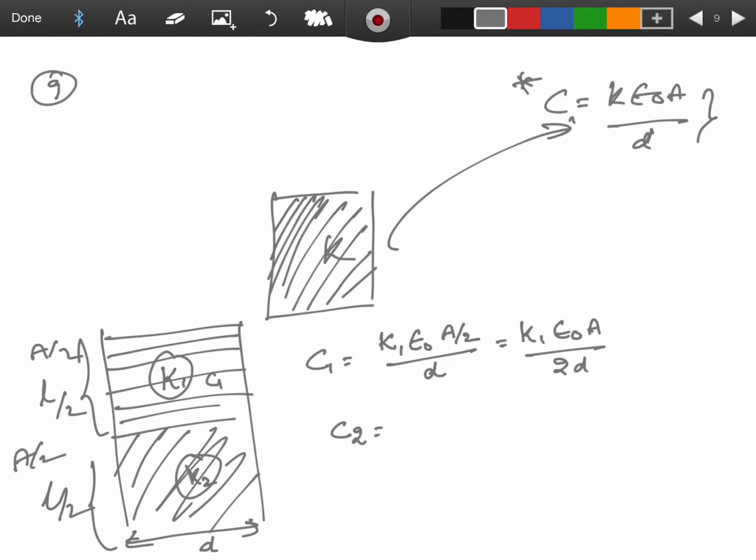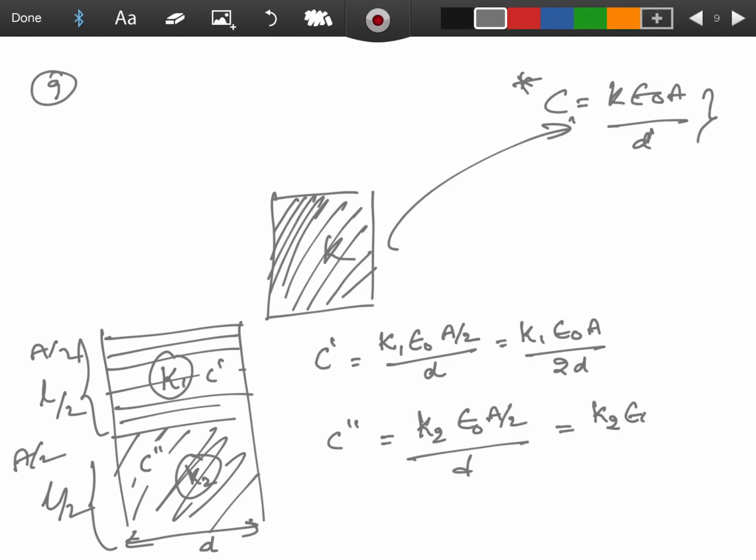I'll say this is C dash, this is C double dash. C double dash equal to K2 epsilon naught, this is also having area A by 2, distance d, so K2 epsilon naught A by 2d.